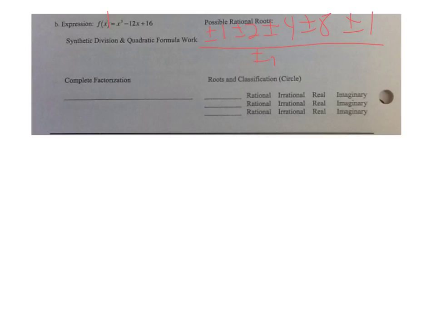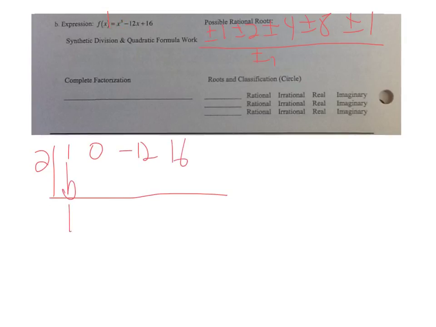So what are we going to try? I think I'm going to try 2. And I'm going to do the 1. I'm going to do the 0 for the x squared that I'm missing. I'm going to do negative 12, and then positive 16.